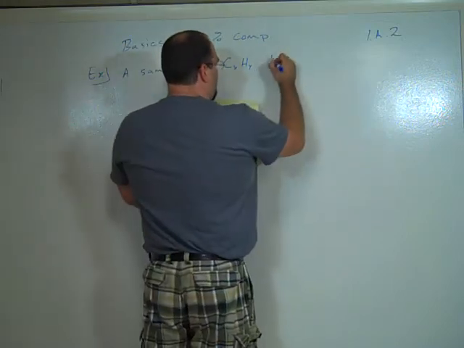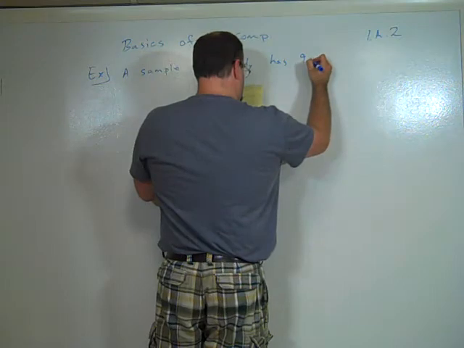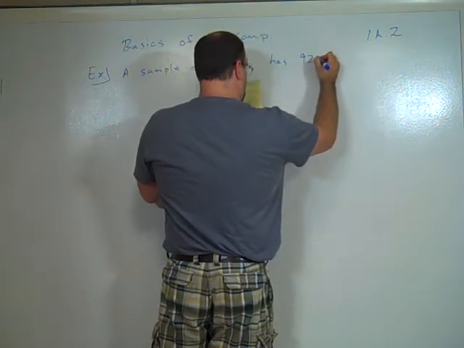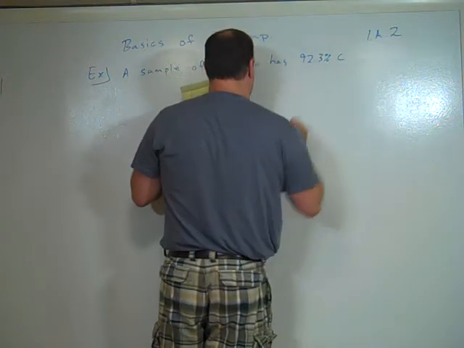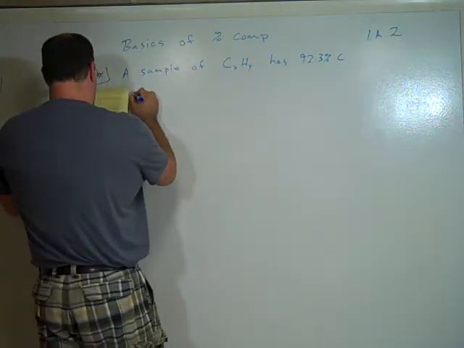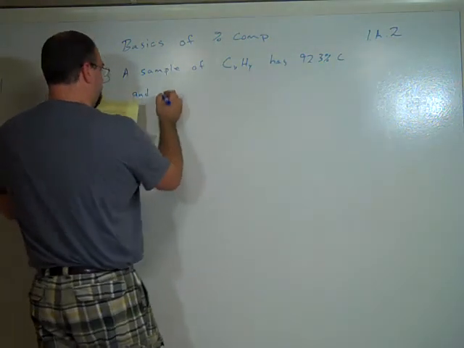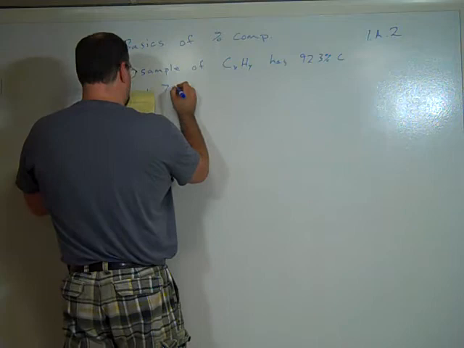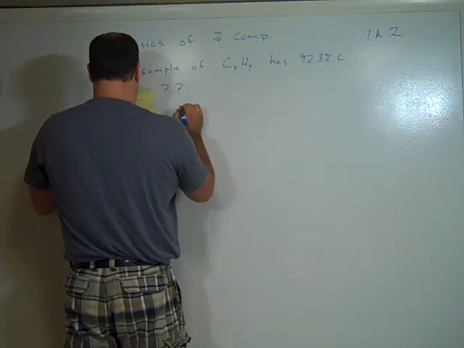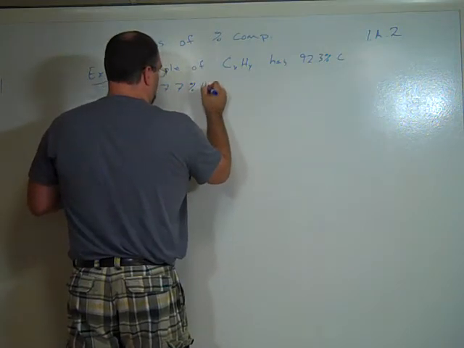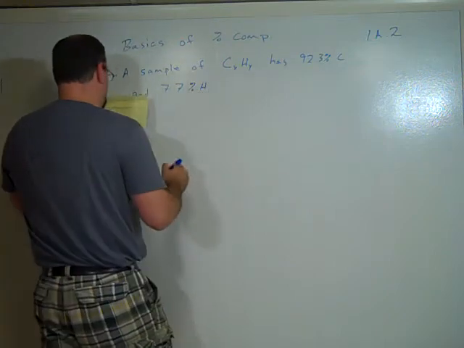But it has 92.3% carbon, and obviously then 7.7% hydrogen. What's the formula?